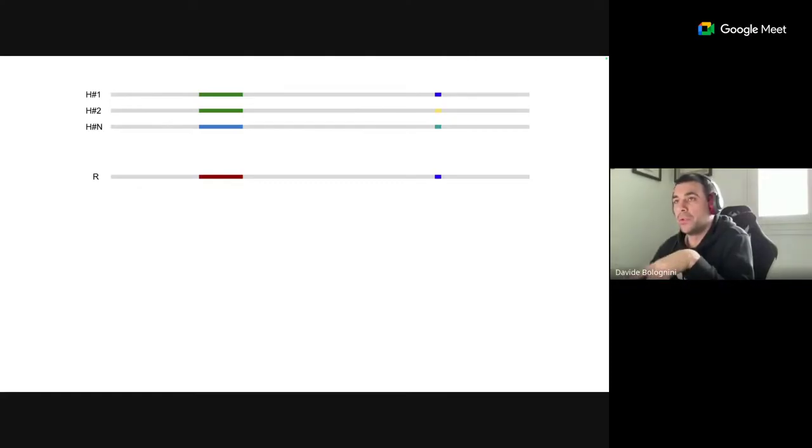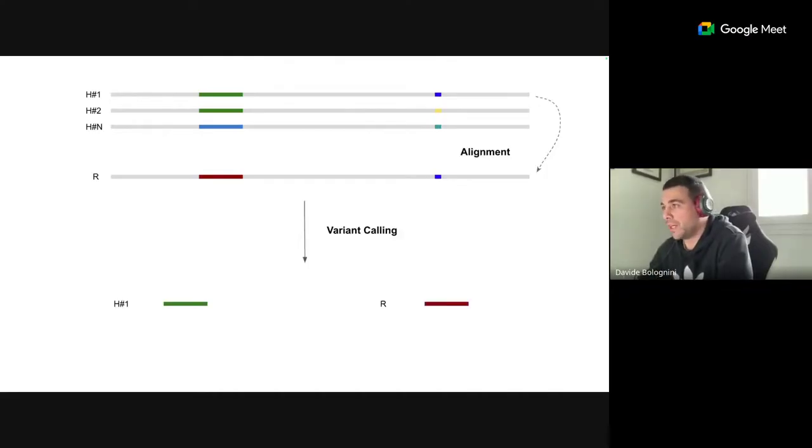In practice, for each sample, you can separately map contigs of each haplotype to the reference genome. In that paper, they used GRCh38. This can be done using standard aligners, such as Minimap2, and then they call variants. So you have the first haplotype, you align it against the reference, and then you do variant calling. For instance, here you see that haplotype 1 and the reference differ for a certain block, which is the green one here, which is red in the reference.